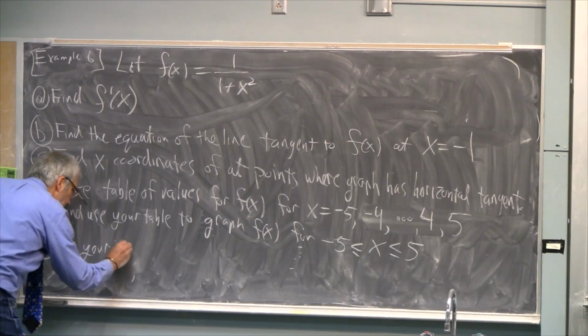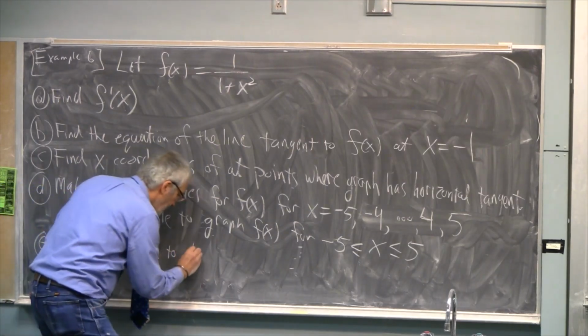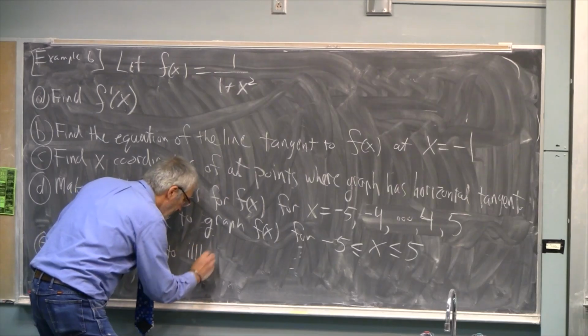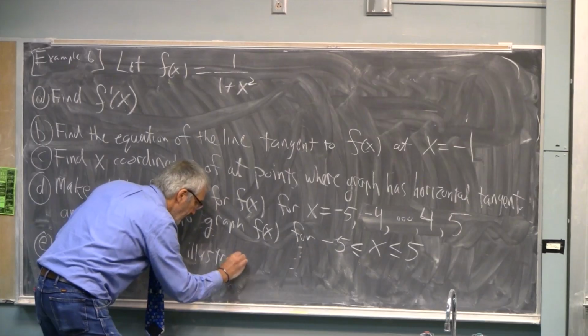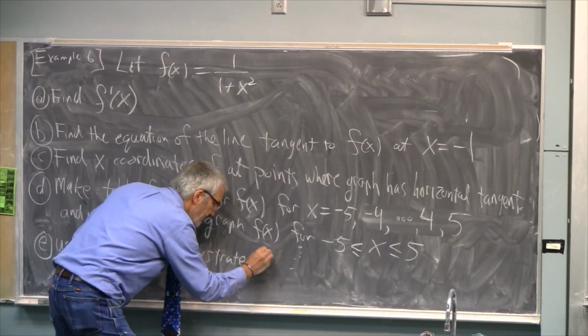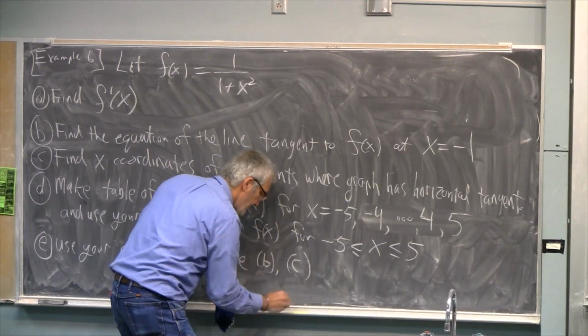So we have to find the derivative. So you could do the quotient and do the derivative times 1 plus x squared minus 1 plus x, or no, the derivative of 1 plus x squared times 1.